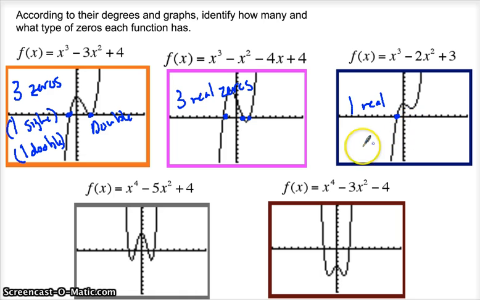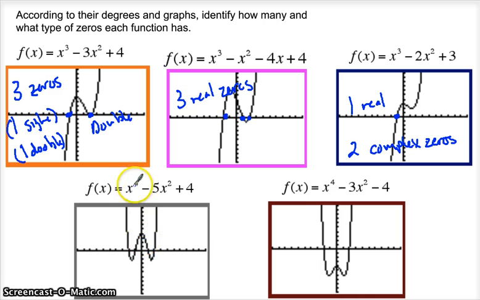Therefore, I would imagine that there are two complex zeros. Again, they always come in pairs, so if there's one complex zero, there's always two of them. And we could check that using either polyroots on our calculator or dividing out that one real zero and finding the other zeros, which we'll talk about in just a minute.